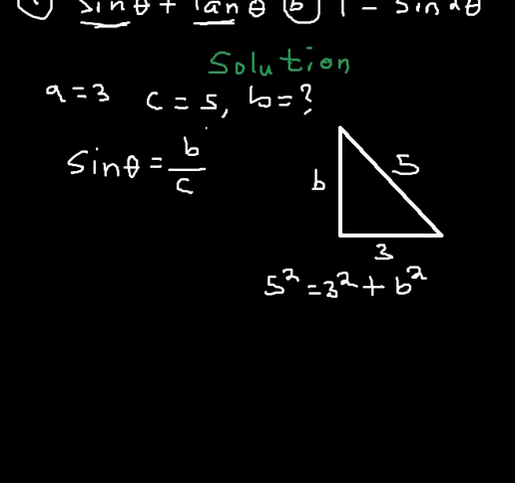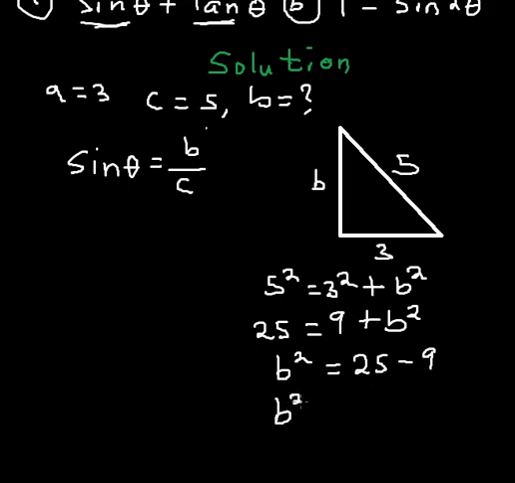So I can get my B from this. 5 square is 25, 3 square is 9, then plus B square. If I want to get B square, I'm going to have 25 minus 9, which should be 16.